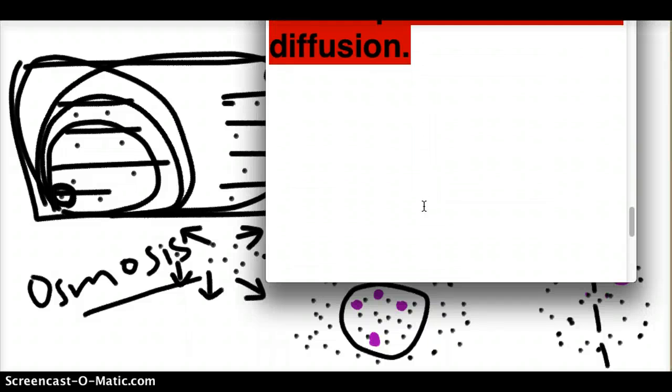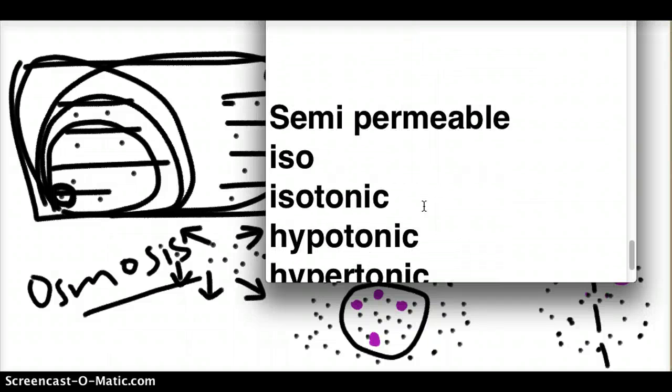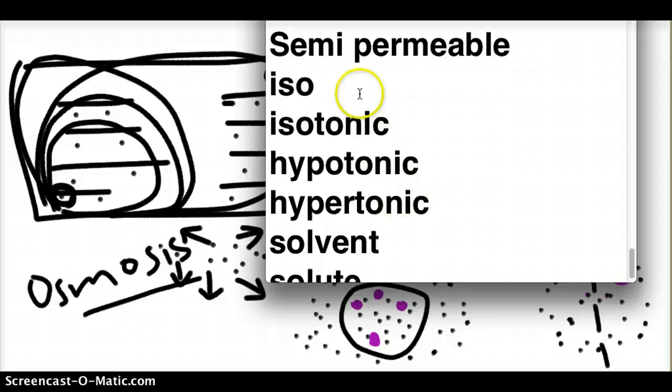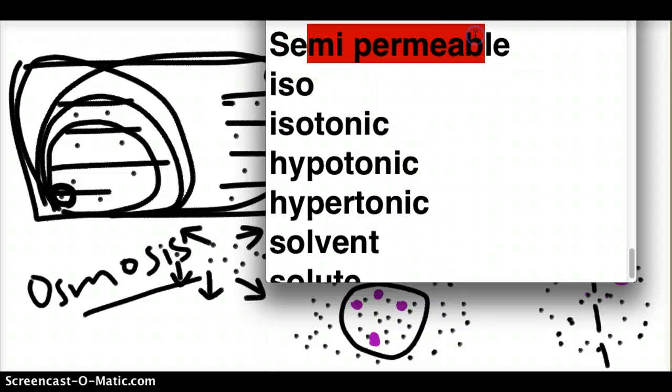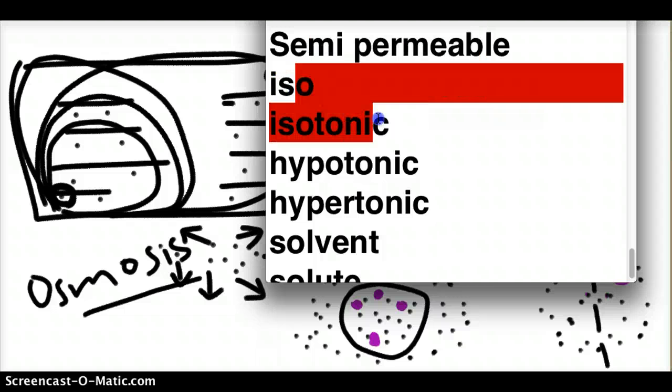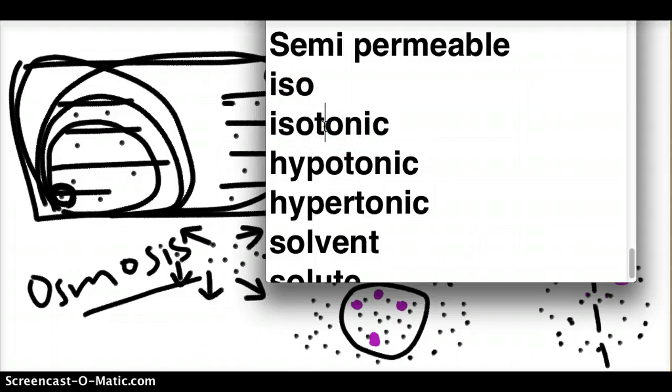And there are also some vocabulary words that you need to know. Semi-permeable is just a membrane that is able to let things pass through. Iso means same amount, and isotonic means the same amount of solutes as the neighbor contains.